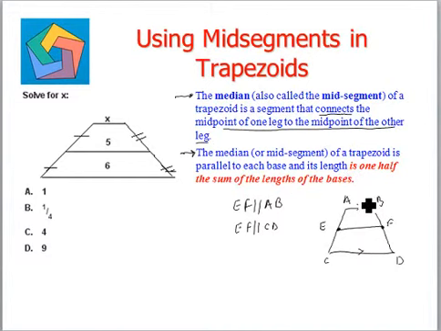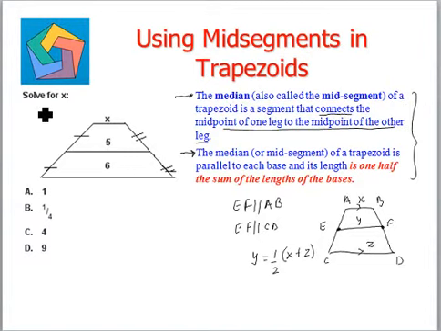If say x is the length of AB, y is the length of EF and z is the length of CD, then y equals one half of x plus z. We'll be keeping these in mind and doing our questions.